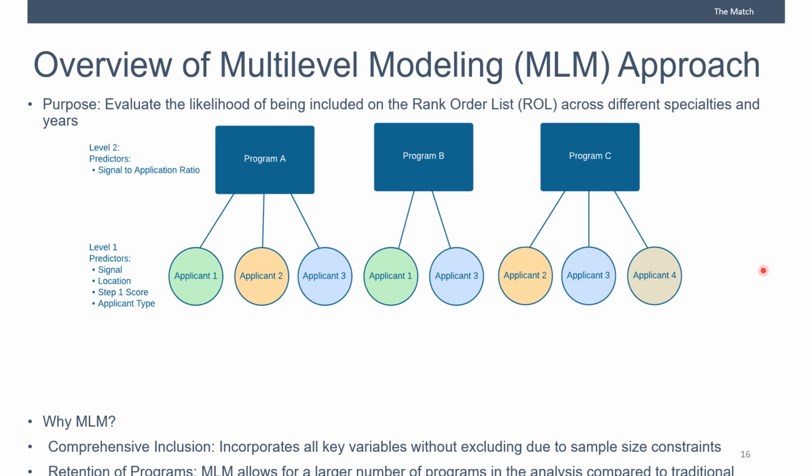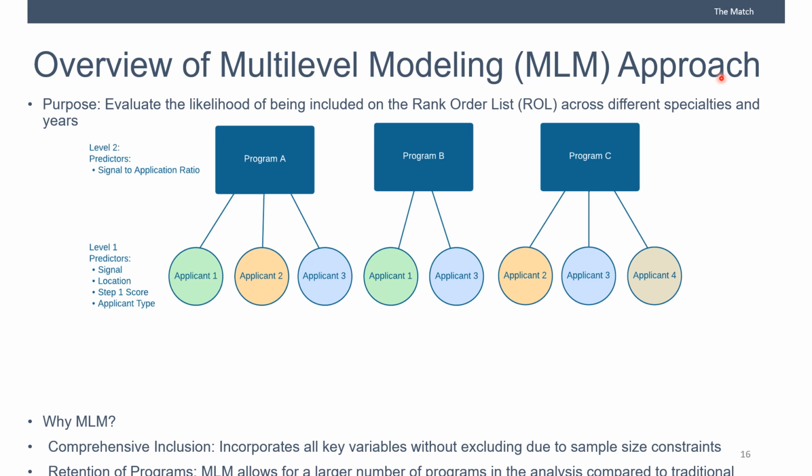As you can see from this diagram here, we have this at two levels. At the first level, it's based on applications from different applicants. And at the second level, we have programs, meaning that all the applications are nested or grouped by program.